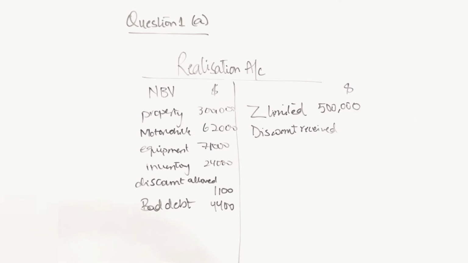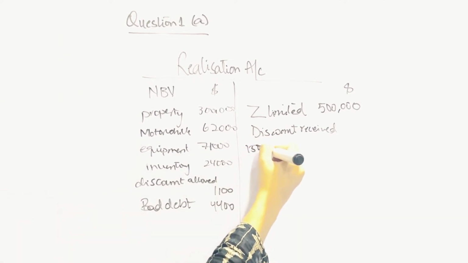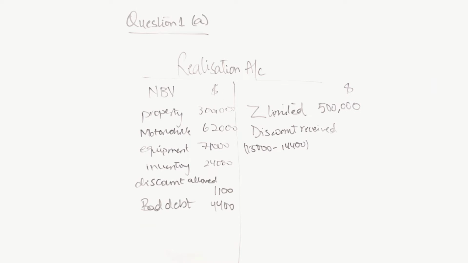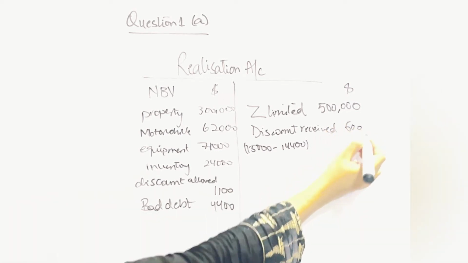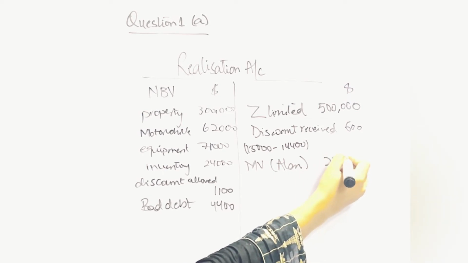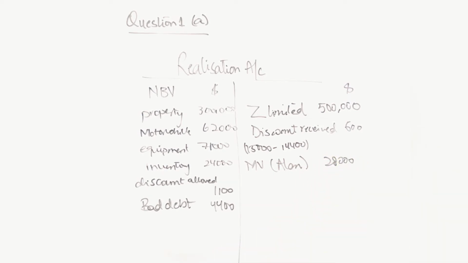For discount received, trade payables were basically 15,000 and you paid 14,400 in total, which means 600 less of the amount that was due. So 600 is basically your discount received. Moreover, the motor vehicle was taken over by Alan at a value of 28,000. That will also be recorded. So till that, I hope everything is clear.